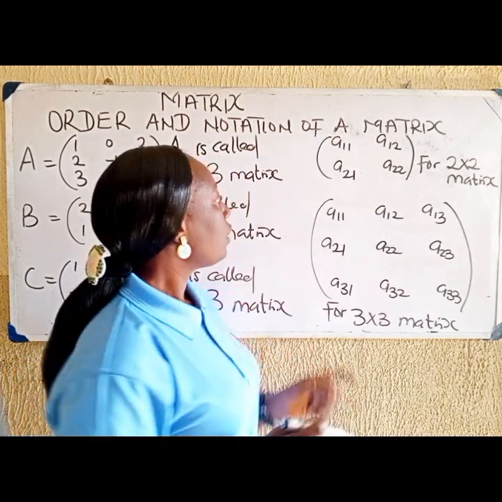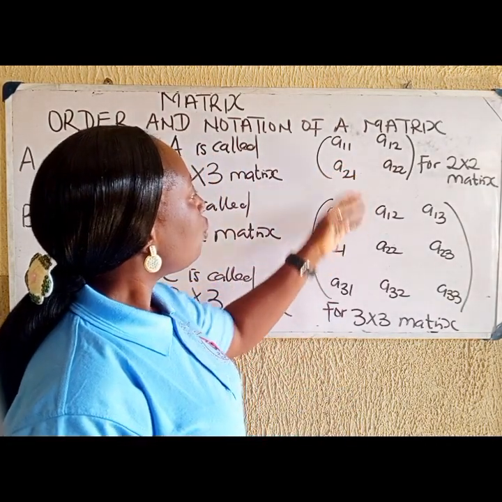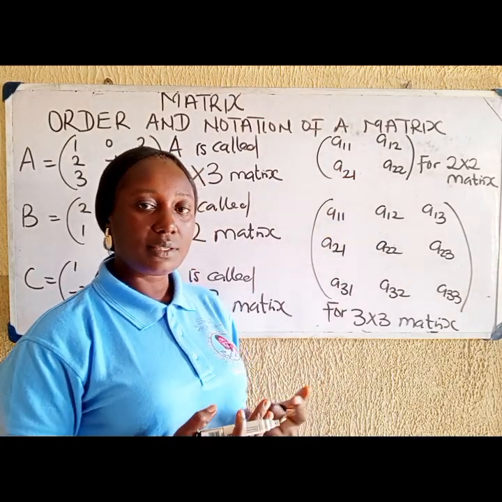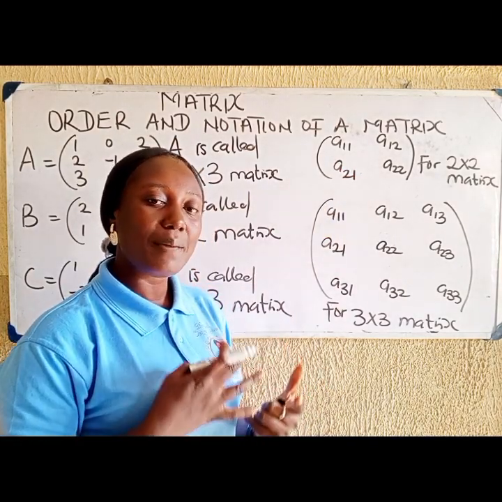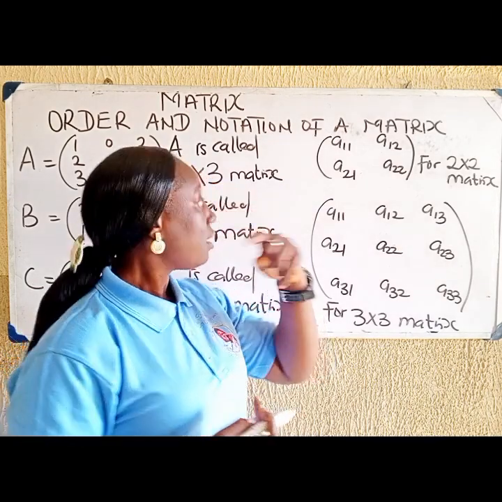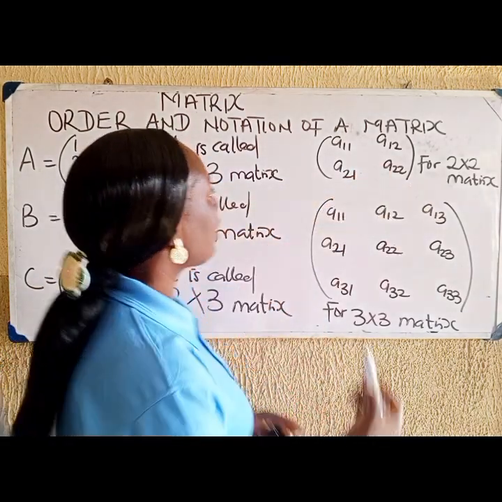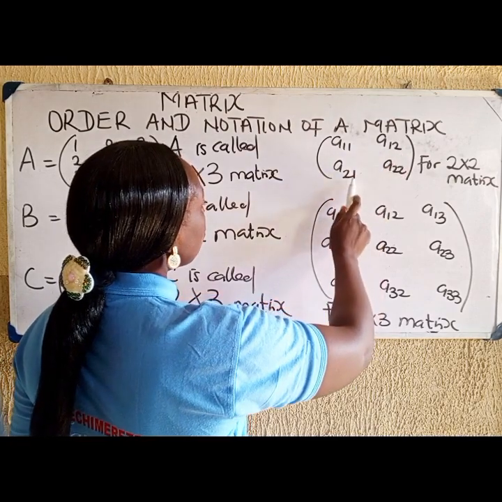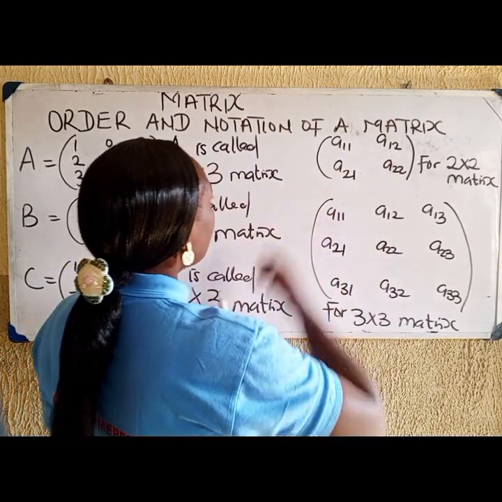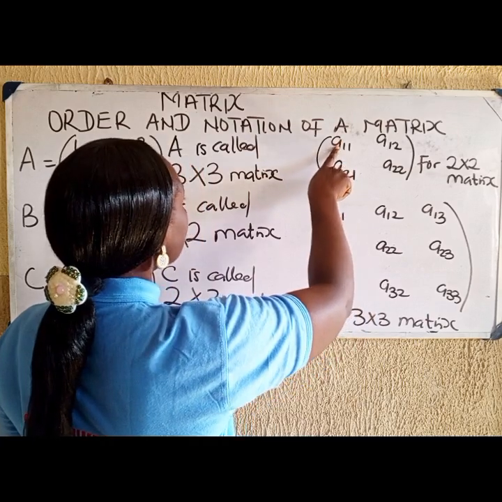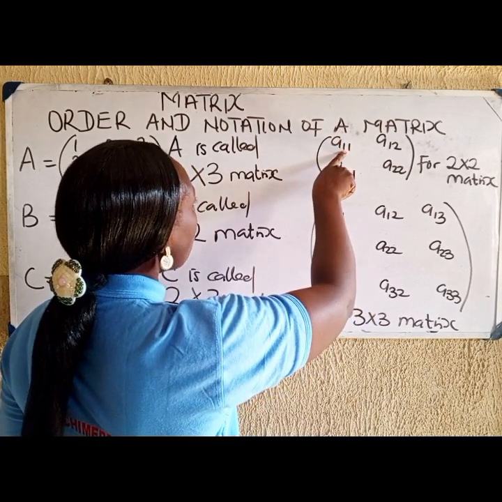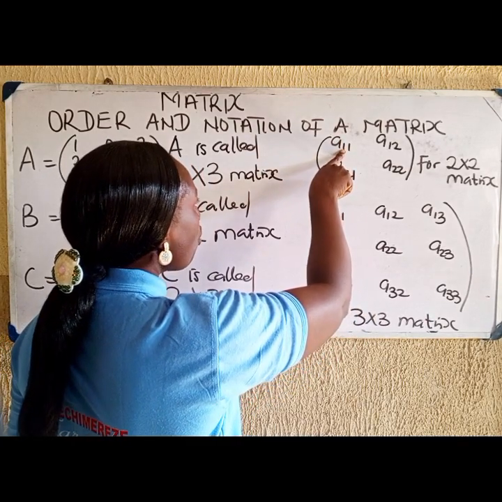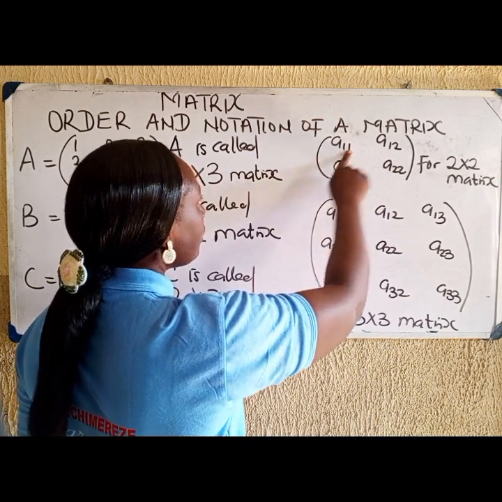That is the order. Now, this is the notation of a matrix, which is the position of elements in a matrix. For a 2 by 2 matrix, I have A11, A12, A21, A22. This is the position. So in this one, A11 means first row and first column.